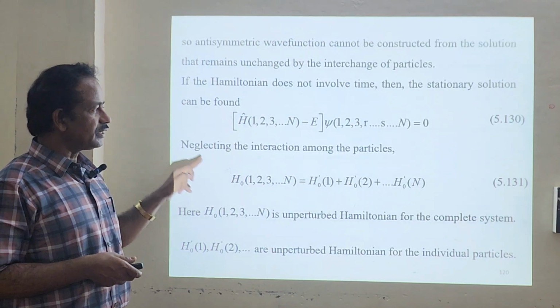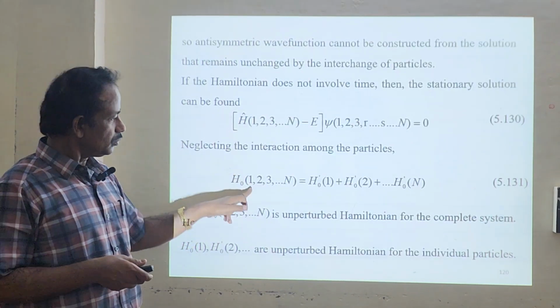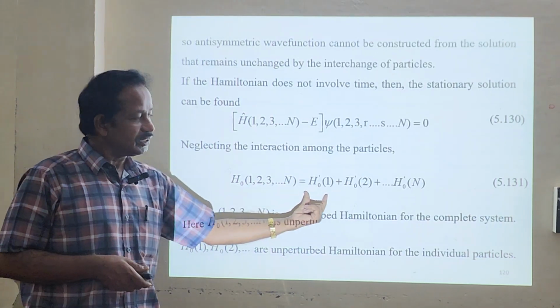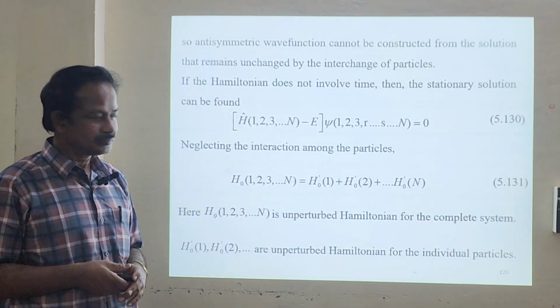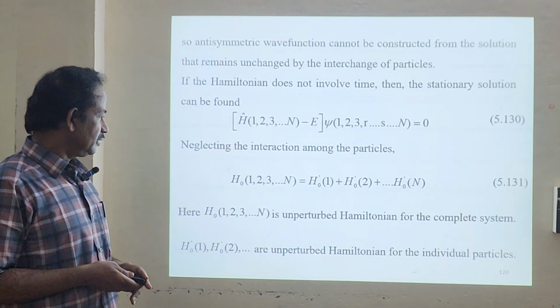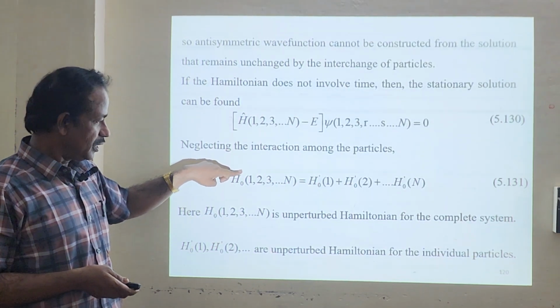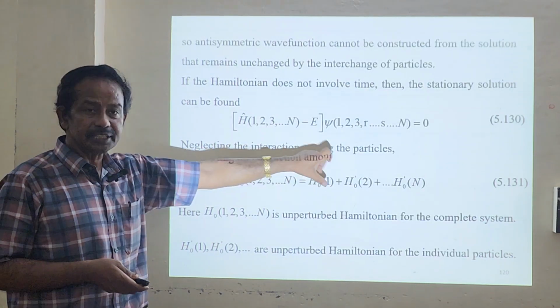Okay. Now the interaction among the particles. Now this H naught for 1, 2, 3 can be written for individual particles. So here this term is the unperturbed Hamiltonian for the complete system, and this will be the unperturbed Hamiltonian for the individual particles.